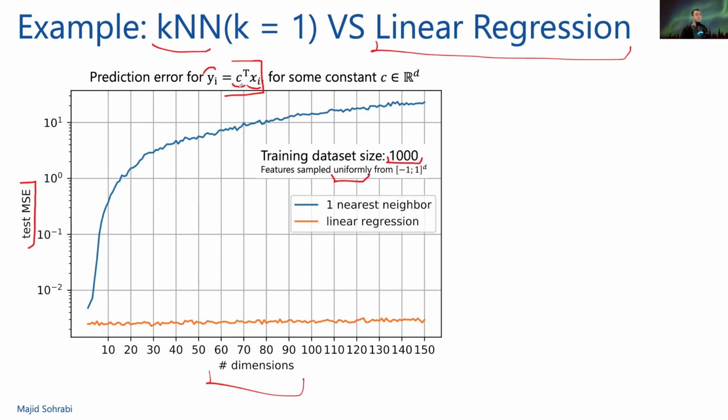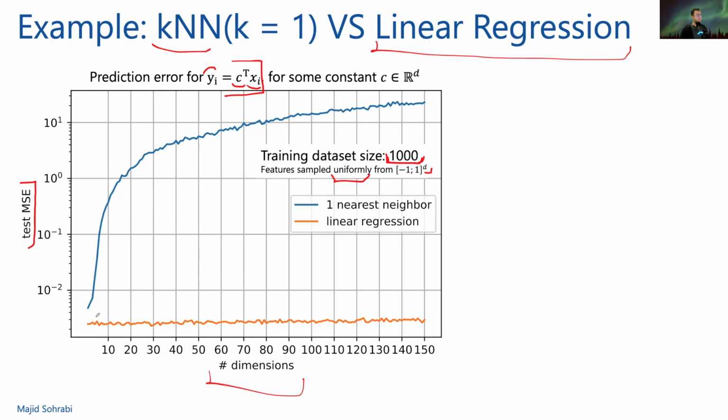So this C is constant over the experiment. After having the training data set, I train these two models. Then, to obtain the test data, I generate it again with the same characteristics, D dimensions between -1 and 1, but independent from the training phase. Then I test the models and calculate the test MSE.